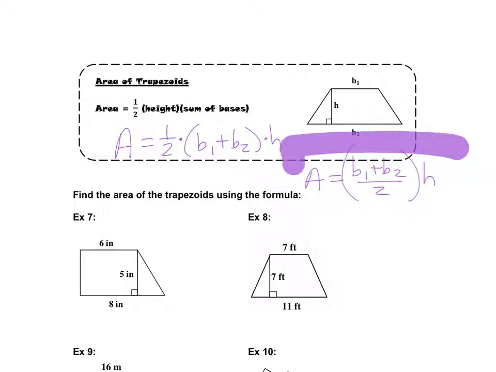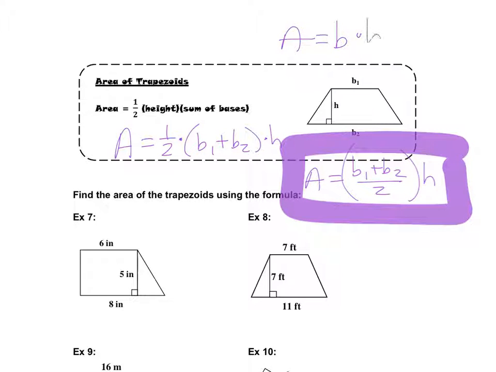I like to figure out the average base and then multiply it times the height. Now notice I said average base. Yesterday we did parallelograms being area equals base times height. So what I'm asking you to do is think about that base as being the average base. And because it's the average, we're able to relate this to other stuff we've done in the past. So let's give it a shot.